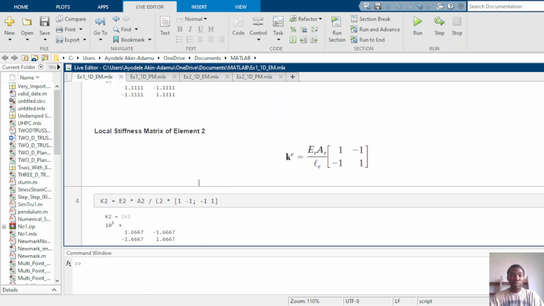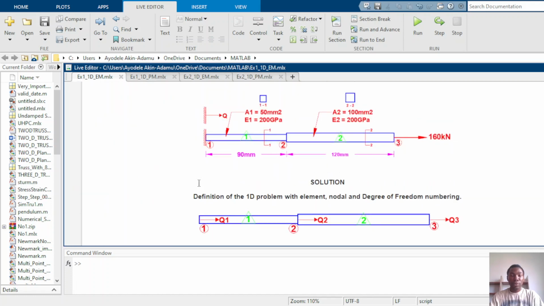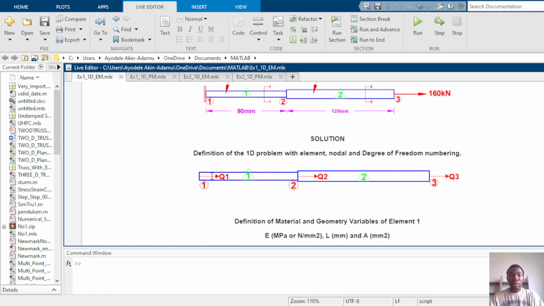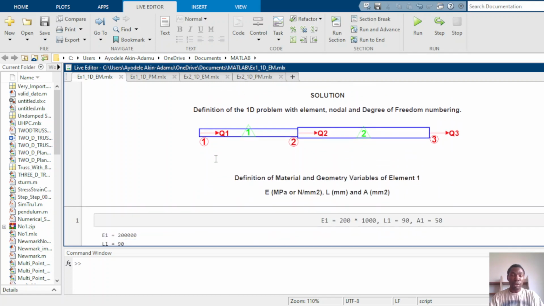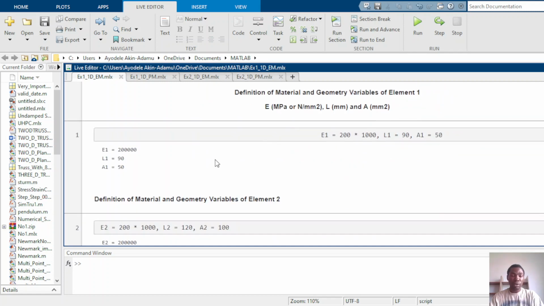In our finite element model problem, we have support degree of freedom at node 1. So we need to eliminate row 1 and column 1 in our global stiffness matrix and in our global force vector.